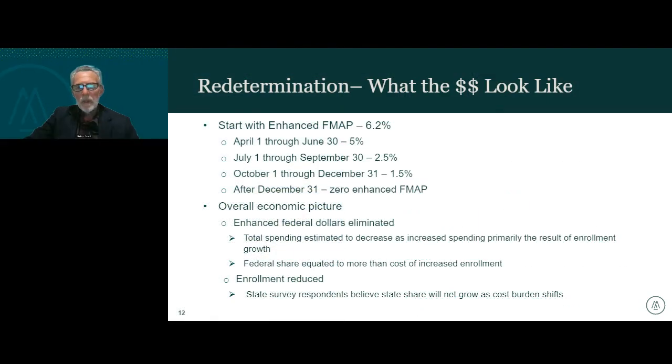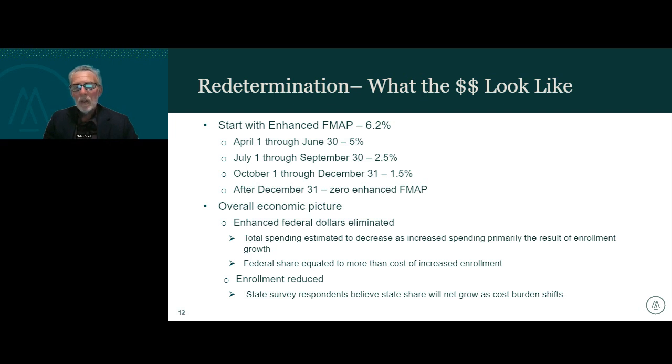Now, in terms of the money part of this unwinding for the states, as I said, the dollars began to phase out per the schedule outlined on the slide. As we'll discuss in future slides, there is a planned unwinding process that states are supposed to adhere to.